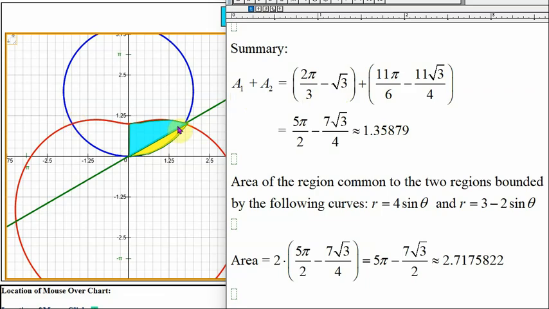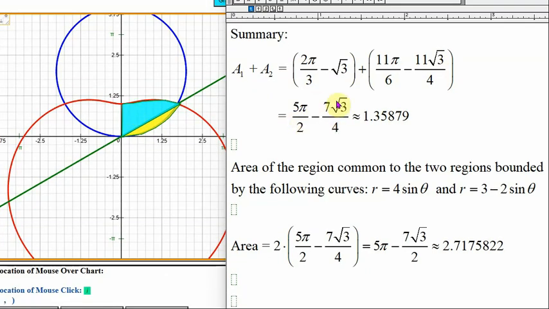And then the area for this piece, which I call A sub 2, is 11 pi over 6 minus 11 times the square root of 3 over 4. And then simplify, this is what we'll get, which is approximately 1.35879.